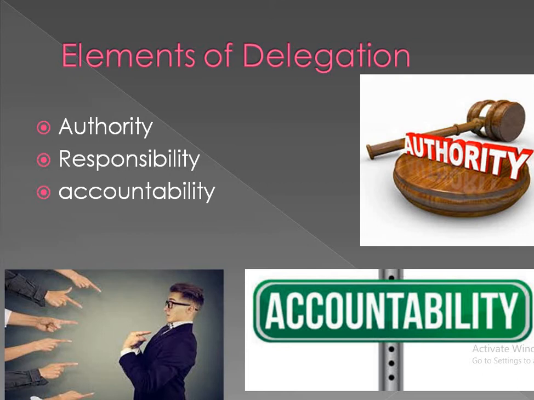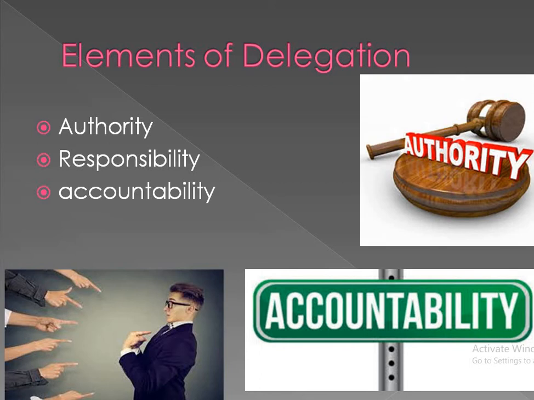Now responsibility. Responsibility is the obligation of the subordinate who is assigned a duty to be performed to the best of his ability. Responsibility can be fulfilled only when sufficient authority has been granted. Responsibility flows upward, that is, a subordinate is always responsible to his superior.